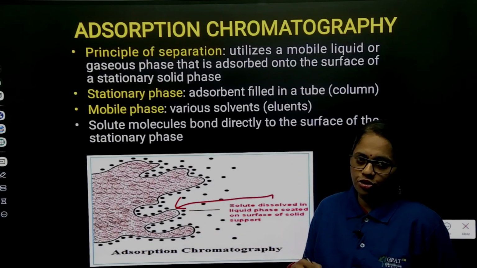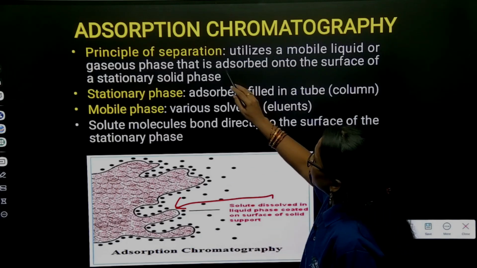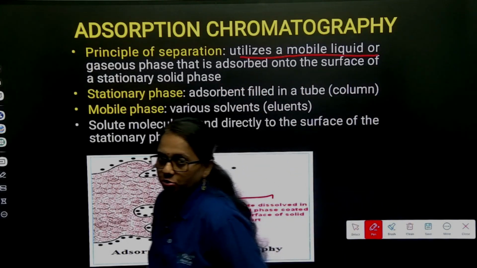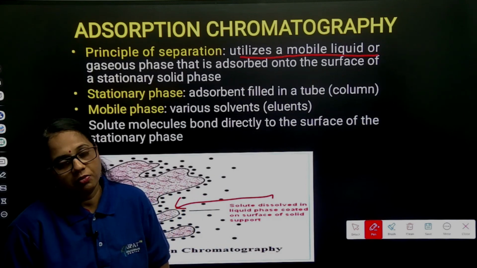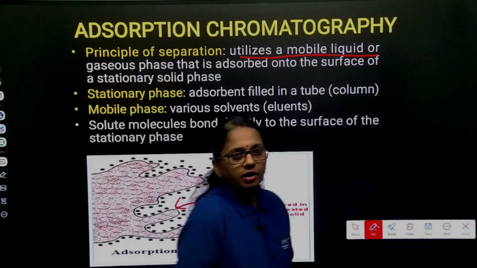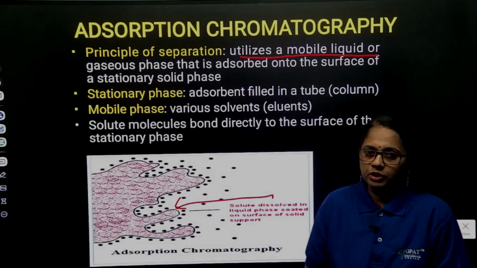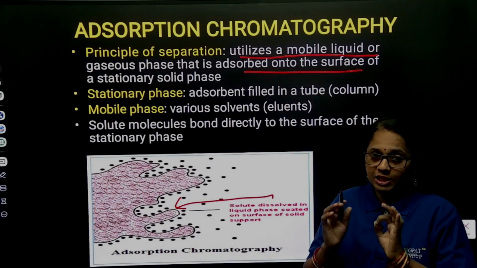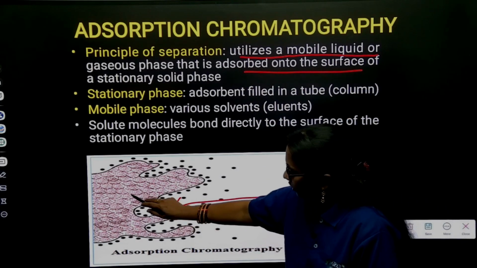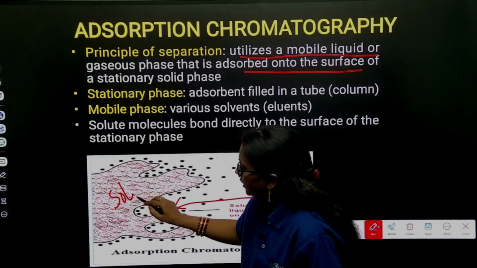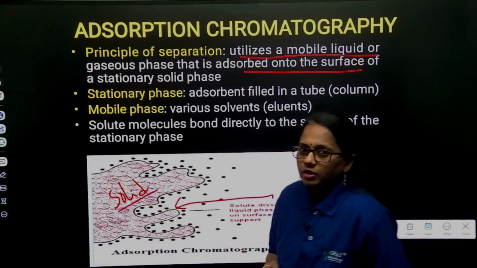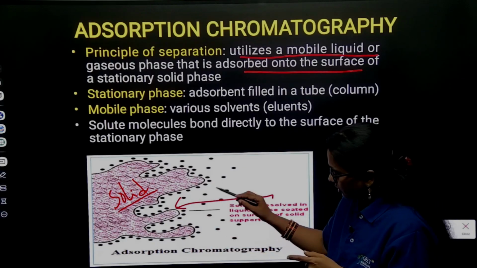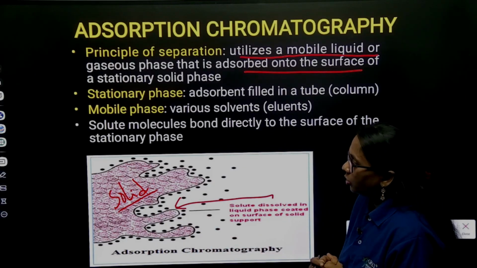the stationary phase. Majorly the principle of separation means whatever the mobile phase we are going to use, either a liquid mobile phase or a gas mobile phase, the solute is getting adsorbed onto the surface of the stationary phase. That stationary phase is going to be a solid stationary phase. These solute particles are getting adsorbed on the surface. So this is a surface adsorption. It is going to take place.